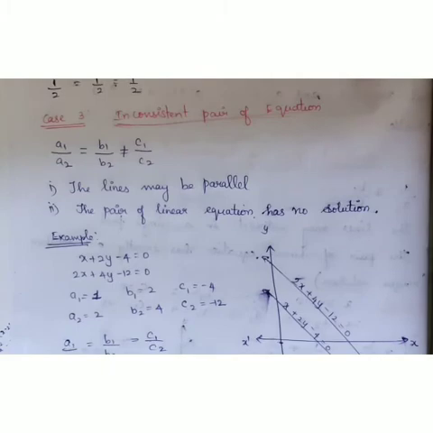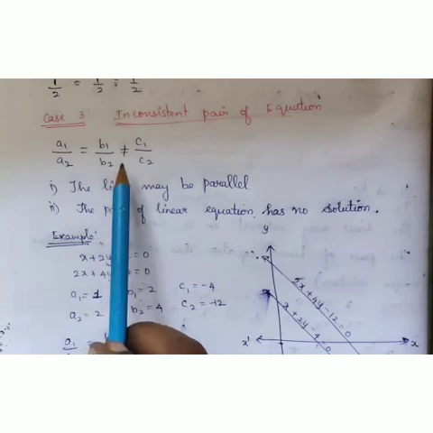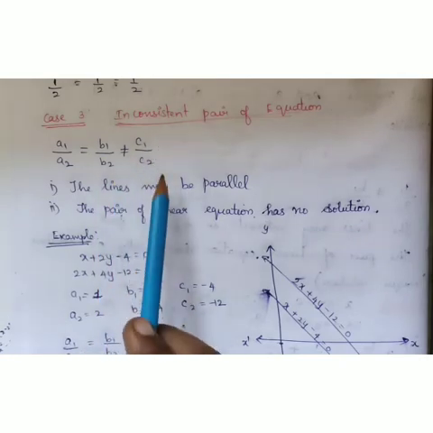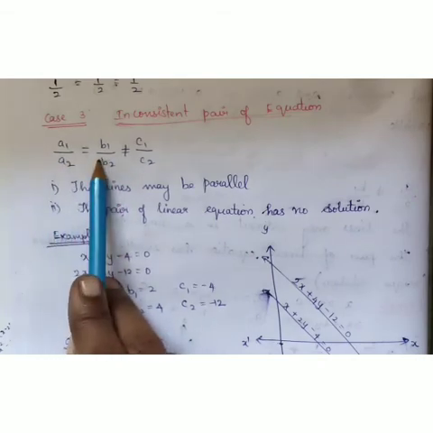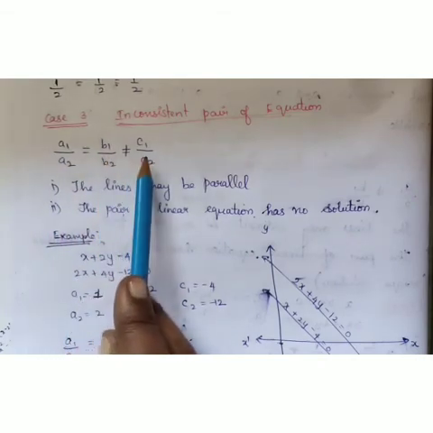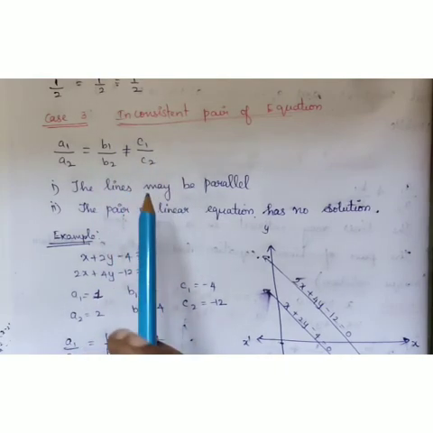Then the third case, inconsistent pair of equations. Now see here, for that the condition is a1 by a2 equal to b1 by b2, that is not equal to c1 by c2. The first two are equal, but the second and the third are not equal. In this case, I can say that it is inconsistent.